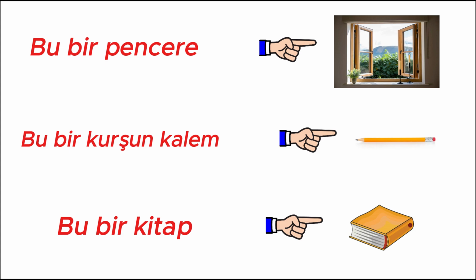We just say bu, which means this, and then we say bir, which means "a" in English, and then we use the noun. Like bu bir kitap, bu bir pencere, bu bir tükenmez kalem. It's totally different.